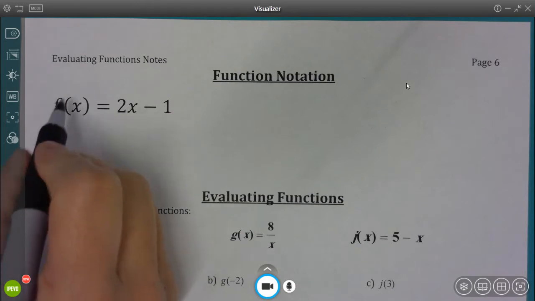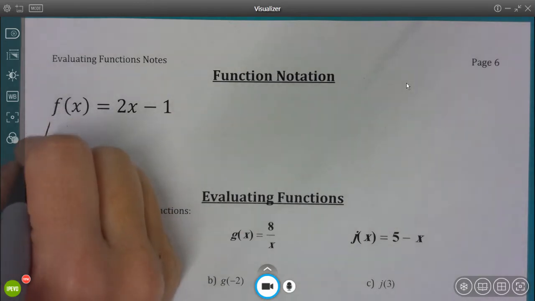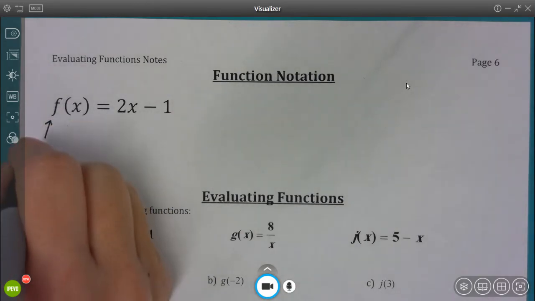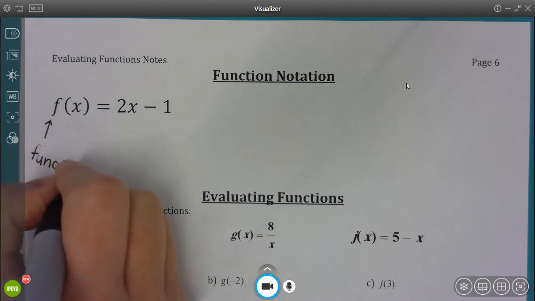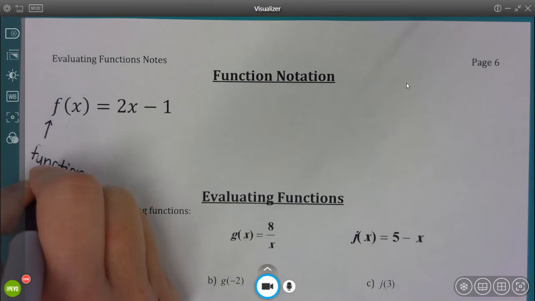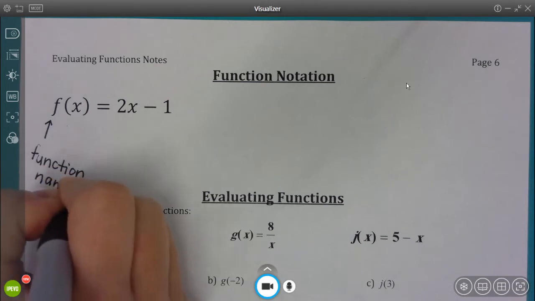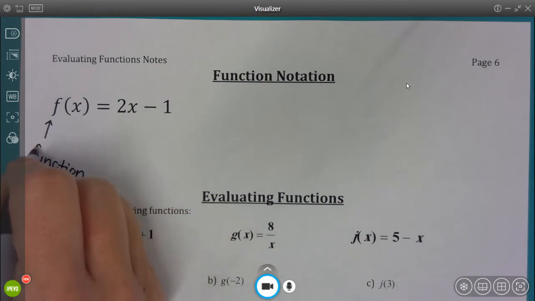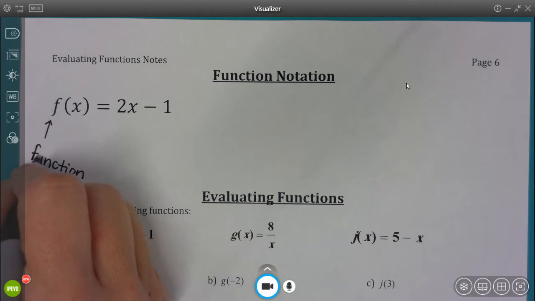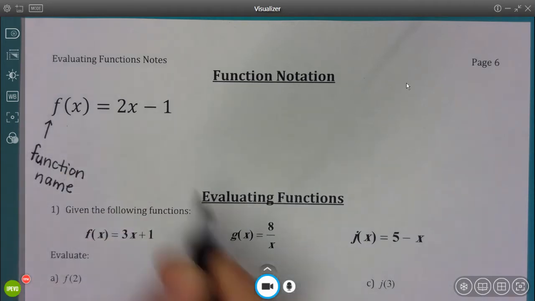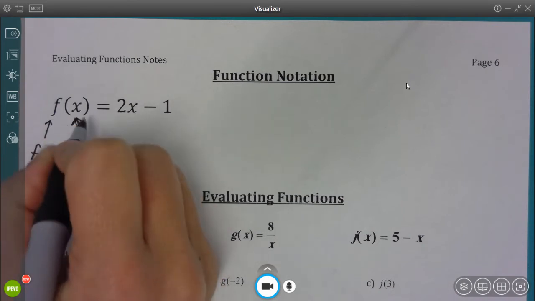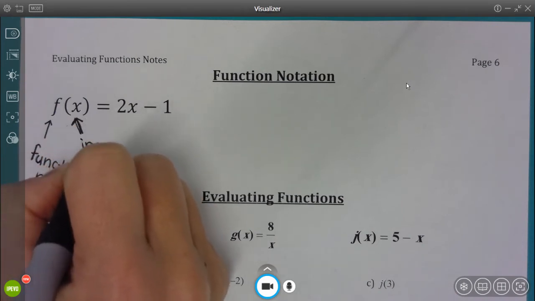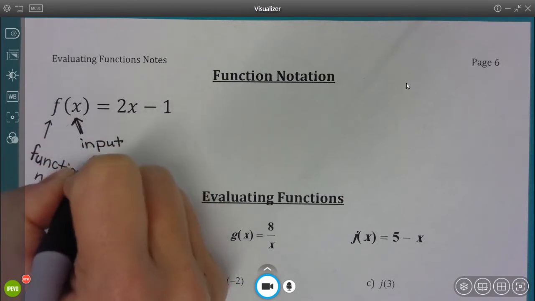So this letter F tells me my function name. So this is function F. This tells me what variable I'm using as my input. So our input is X.